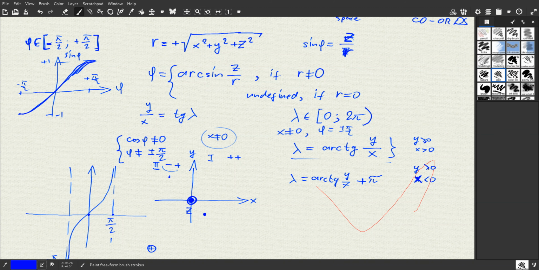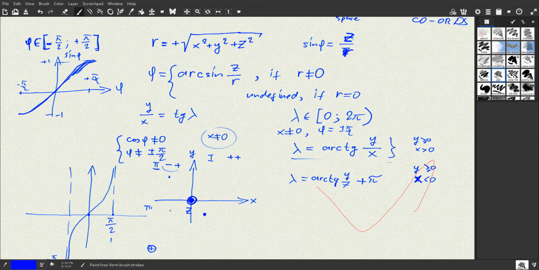Would it work if y equals 0? If y equals 0, then we get 0 here, but for negative x, we want pi instead of 0, obviously. So for negative x, that's correct, and we can put greater than or equal to here as well. Okay, that's for the second quadrant.